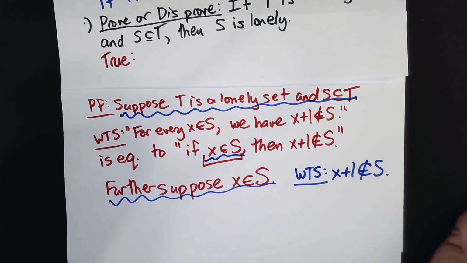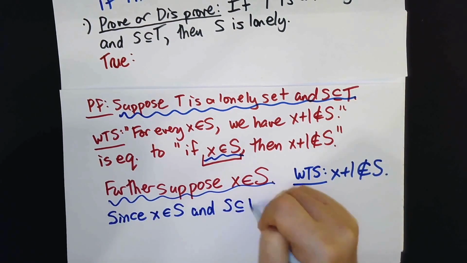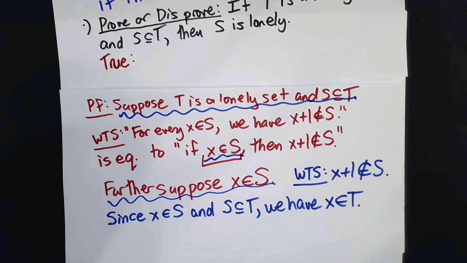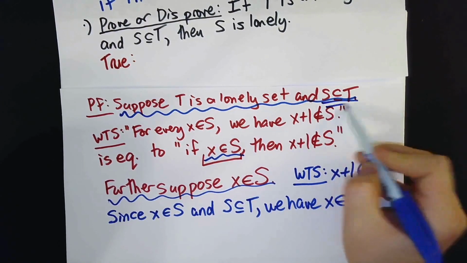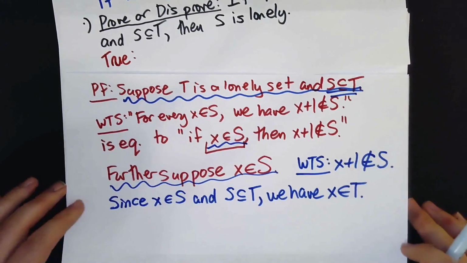That's what being a subset means. It means that if something is an element of the smaller set, it's also an element of the bigger set. And again, I'm spelling out, I'm combining this piece and this piece to get this conclusion, just again so the reader doesn't have to hunt all over to figure out how I'm getting that conclusion.